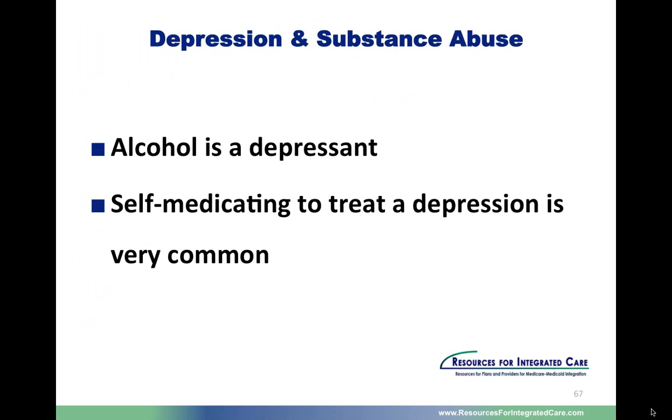It's depressing psychologically, we know. If you've ever seen a weepy drunk, you know how it can really depress somebody, but it's also physiologically depressing. So it will reduce somebody's capability to cope because they are physiologically and psychiatrically depressed. So we don't want to have any alcohol added to that.